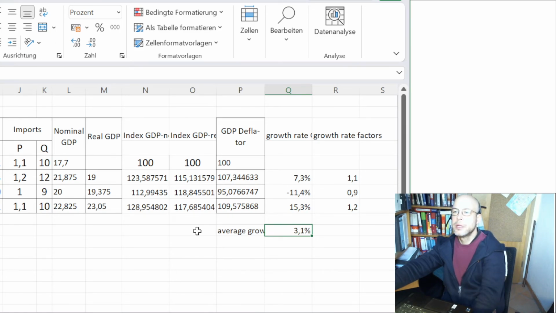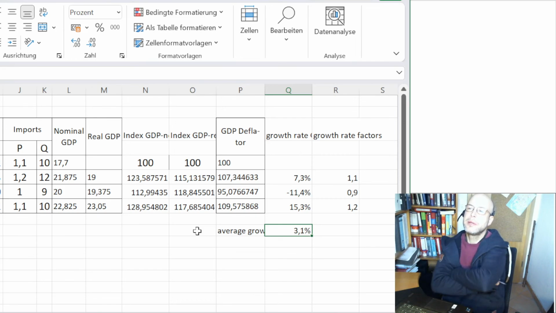Or if you go to an enterprise, then of course you are also interested in the real growth of your company, and you do not want to look only at the nominal numbers, because maybe in the nominal numbers you see mainly the price effect, especially if we are looking at our actual times where we have really high inflation rates of 10% and more.